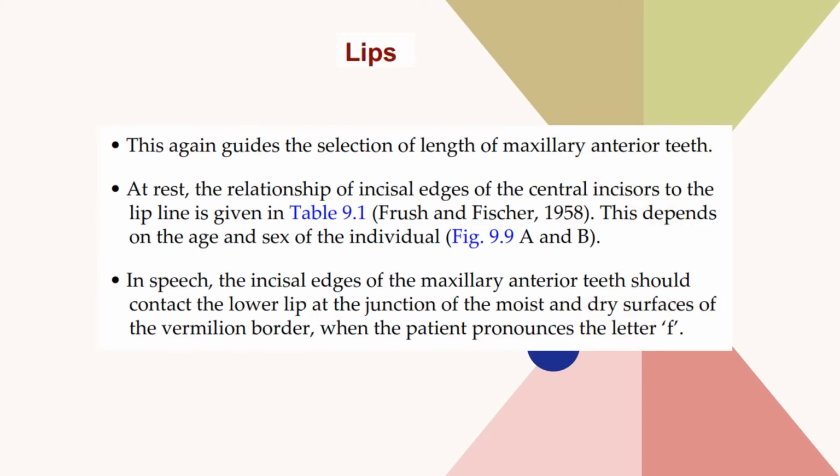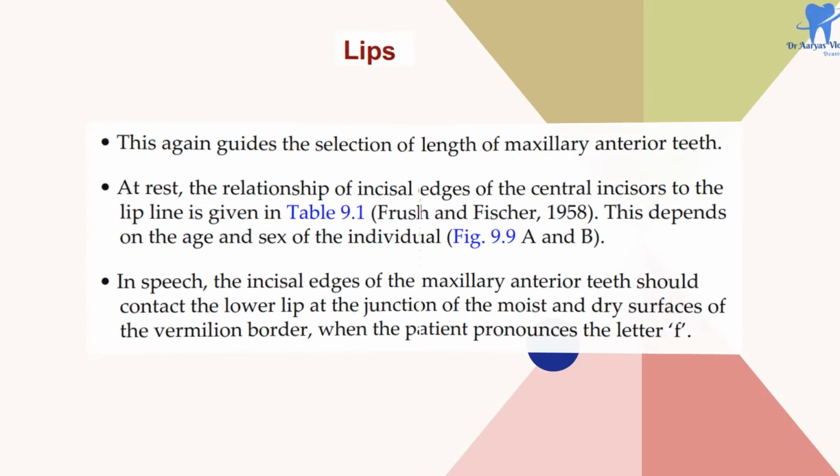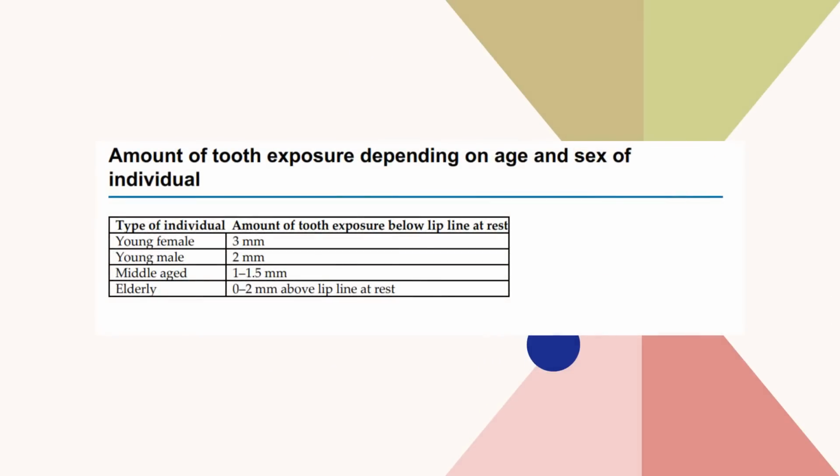And the lips again guide the selection of length of the maxillary anterior teeth. So at rest, the relationship of the incisal edges of central incisors to the lip line shows the amount of tooth exposure depending on the age and sex of the individual.